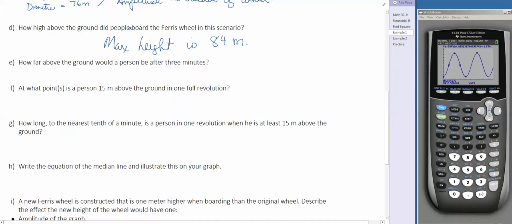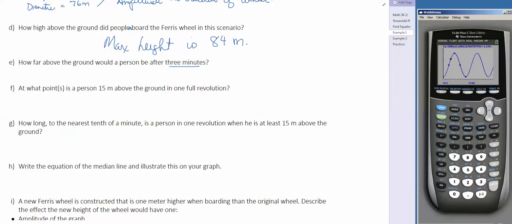How far above the ground would a person be after 3 minutes? And so we can again use our calculator to calculate that for us. We go to second and trace, number 1 for calculate, press enter. We're going to enter 3 for 3 minutes, that's our X value, and then the calculator comes out and they would be at 65 meters.